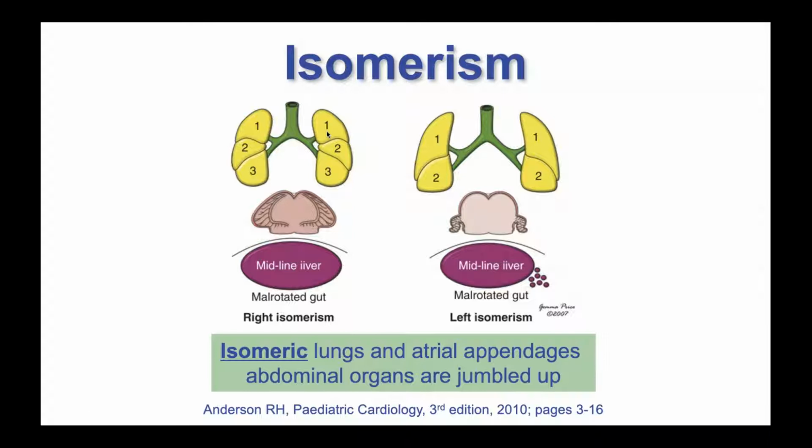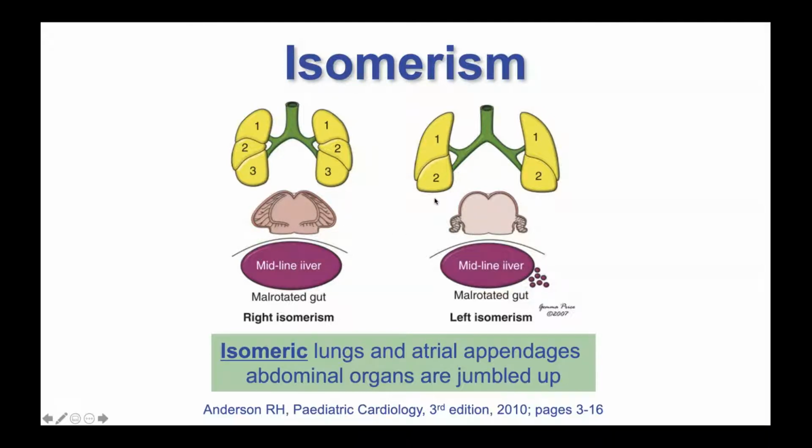So in the morphology, in the setting of right isomerism, you call this the right-sided right lung and the left-sided right lung, or the right-sided right atrium and the left-sided right atrium. Do not call this left atrium, because it is not the left atrium, it is a right atrium.